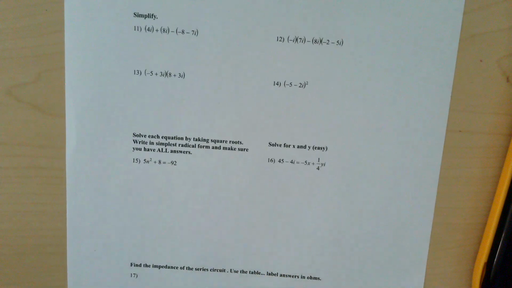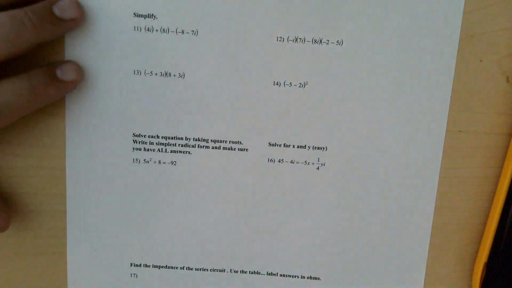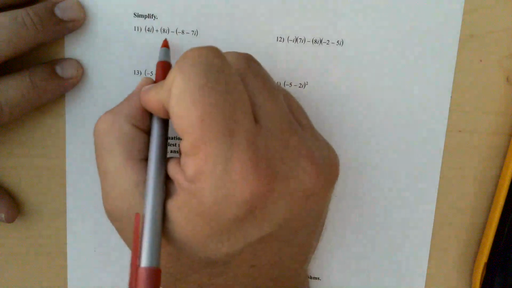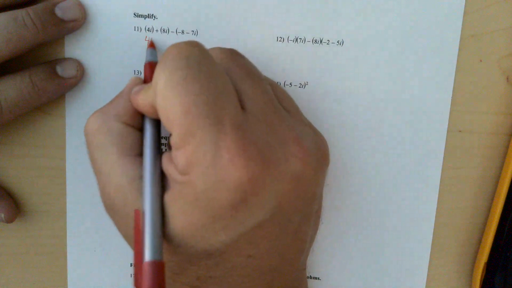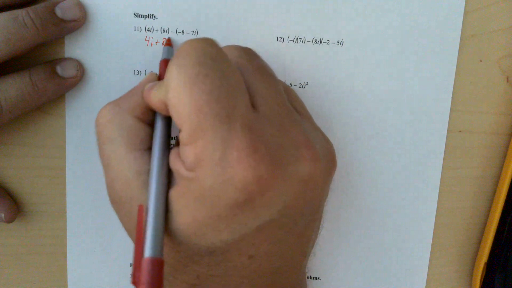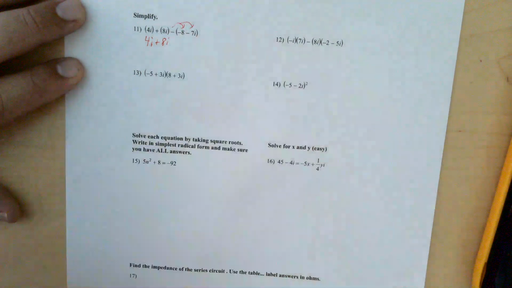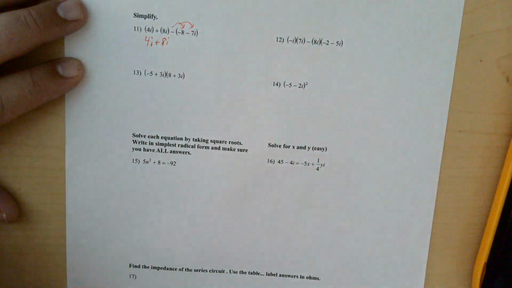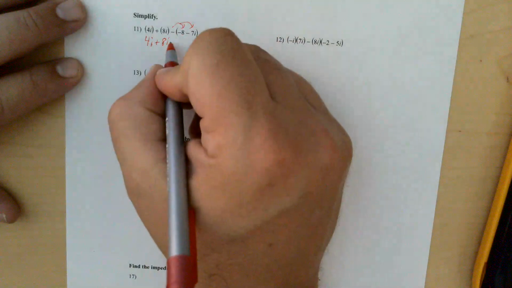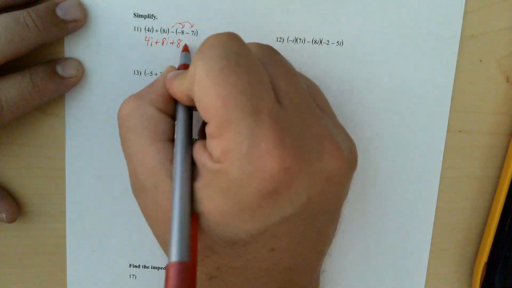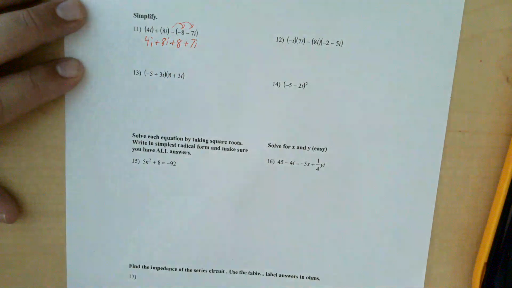Now I'm willing to go over this by hand, but you can type it into a calculator. Adding and subtracting should be easy. I need to realize, though, if I'm going to do this by hand, I am going to have to change these to their opposites. Since I'm subtracting a quantity, I need you to realize we're adding an 8, and then we're adding a 7i.